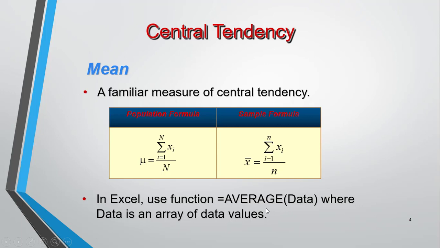In a cell of the spreadsheet, as you start to type AVER, you see a pop-up menu showing different functions. Then give it the range of data, an array of data values, and hit return. The Excel function will give you the calculated mean of the data.